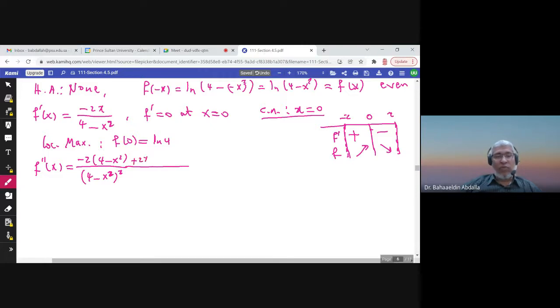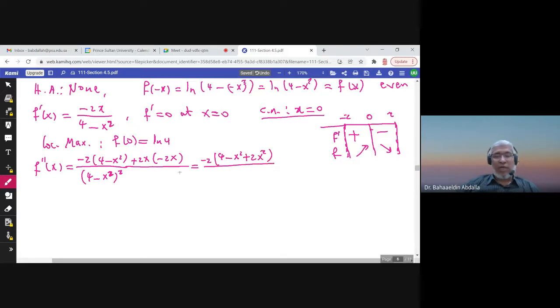So I can write it as positive 2x times the derivative of 4 minus x squared, which is negative 2x. Is there any common factor? It is only 2. Okay. I can take negative 2 as a common factor. So I'll have 4 minus x squared, and I took negative 2 as a common factor, so I have positive 2x squared.